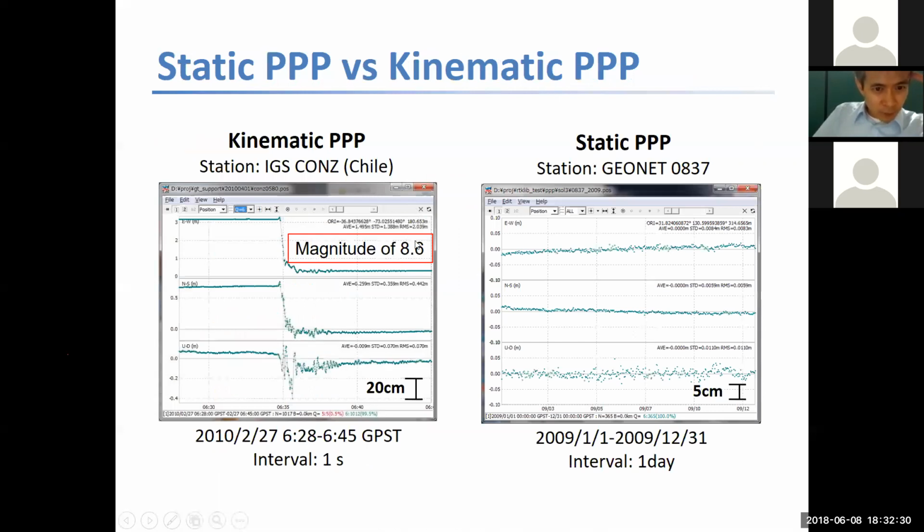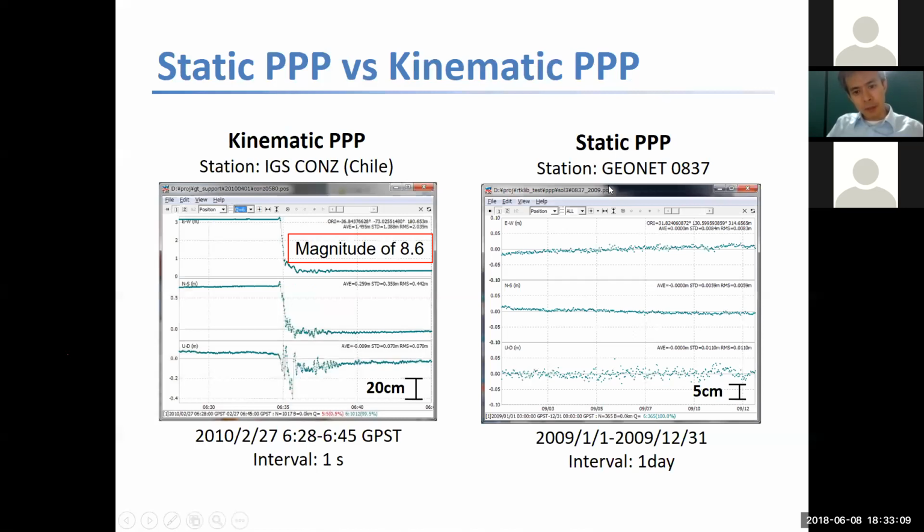And actually, Takasu-san got raw data from IGS CONZ in Chile, and he realized that even in RTKLIB, we can see the very large deformations using kinematic PPP, because we cannot use RTK. We have no idea about the base stations in Chile. But in the case of PPP, all we need is just one observation data. Fortunately, there are IGS stations in Chile.